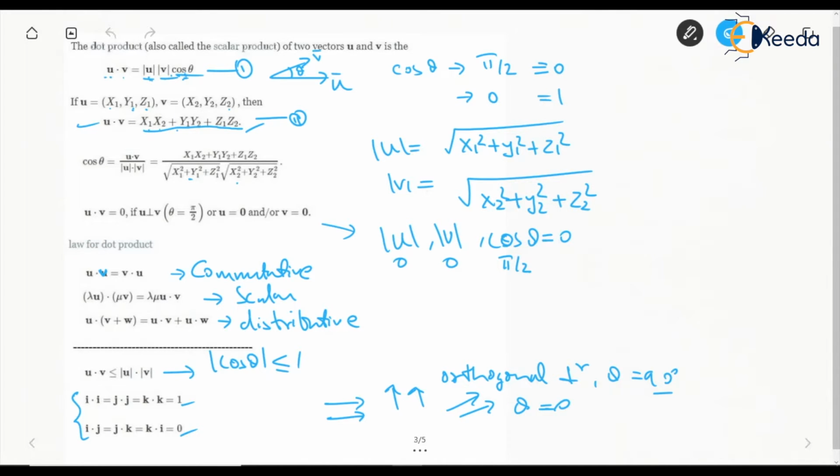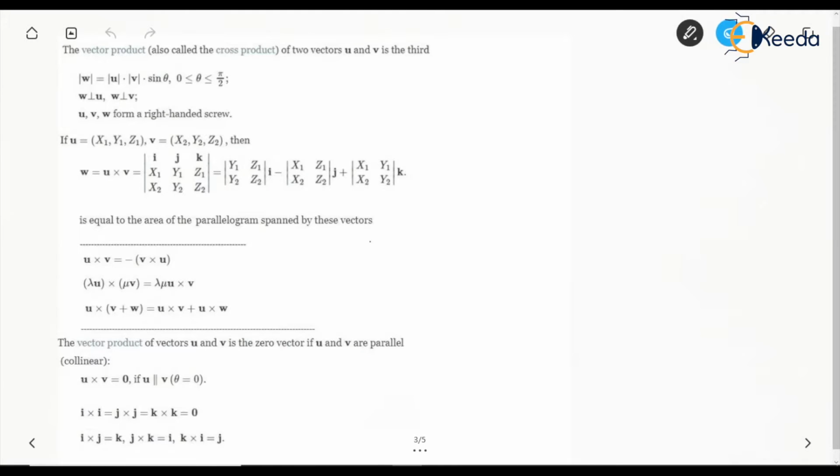Next is the cross product or vector product. In this case, when we have two vectors, let's say u and v, then in the positive sense, that is anti-clockwise, from u to v, the cross product will have the direction perpendicular to the plane given by the right hand screw rule, and also the magnitude of the w vector, which is the cross product, is given as magnitude of u into magnitude of v into sine of theta.